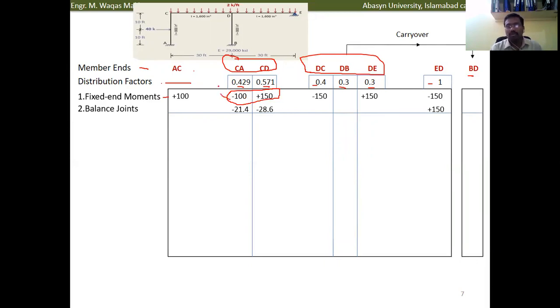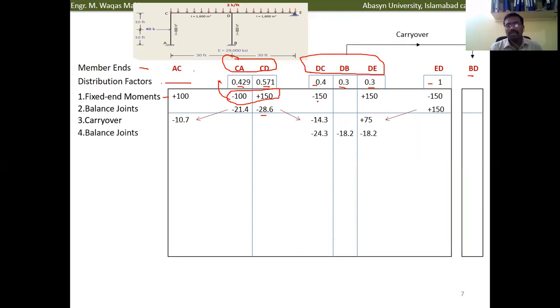The value of the moment that comes out for CA is minus 21.4, and for CD it comes out to minus 28.6. In case of frames, I would suggest that you perform the unbalanced moment calculation for one joint at a time. That means first you have to find out the values for the joint C, then the joint B, move towards the joint D, and so on.